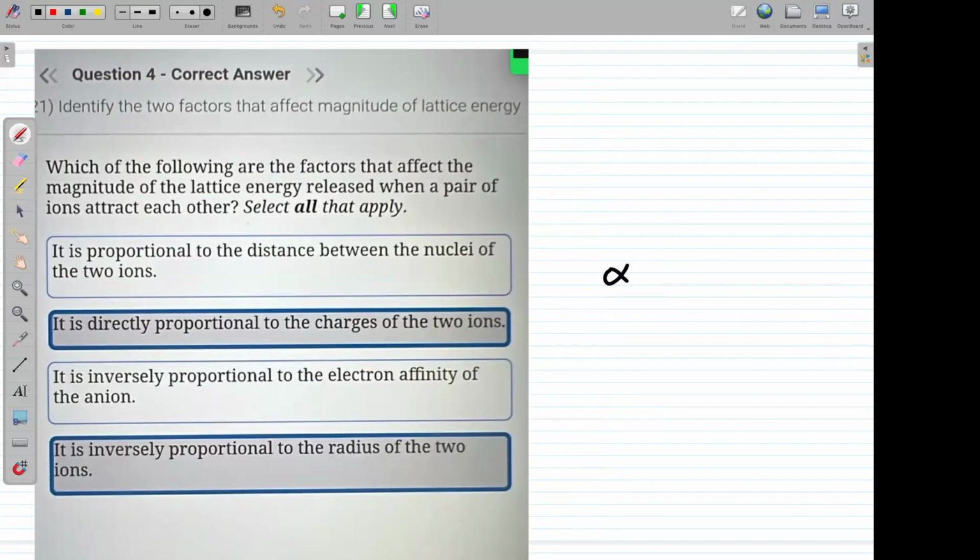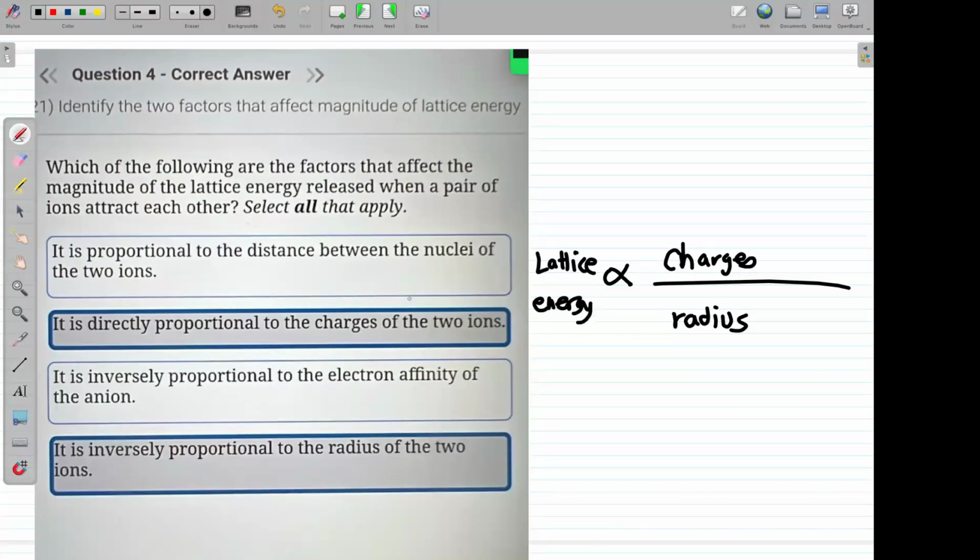It is directly proportional with the charges, the charge of the first one and the second one multiplied by each other, and inversely proportional to the radius of the two ions. You cannot say it's proportional to the distance between the two nuclei, or inversely proportional to the electron affinity. The electron affinity is not related at all to this one.